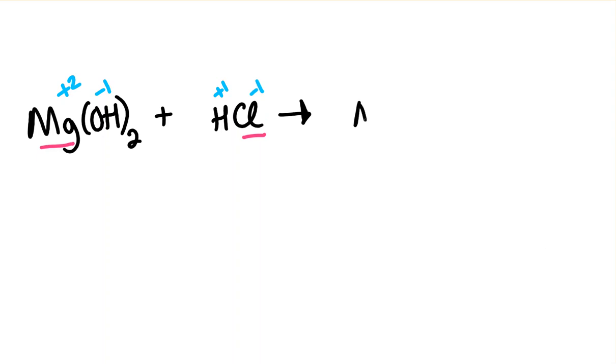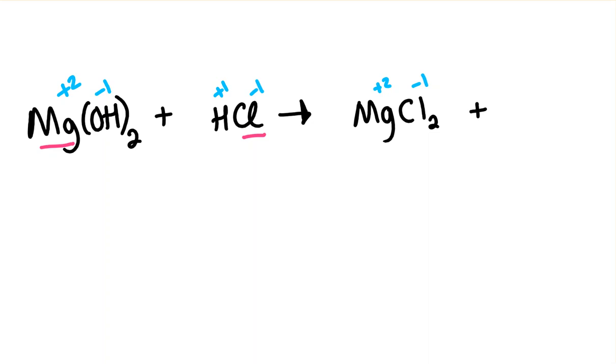Whatever was in front before, which will be the metal or the positive one, will be in front, back over here. I need to look at their charges and figure out the correct subscripts. It looks like I need 2 of the chlorides to make this neutral.